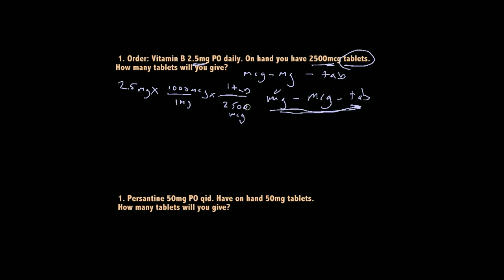Let me erase some of this, give myself a little bit of room here. All right, that's going to equal blank what? Well, let's cancel them out. Micrograms cancel out, milligrams cancel out, we're left with tab. So that's blank tab. Tablets were what we were looking for, so I've set my problem up correctly.